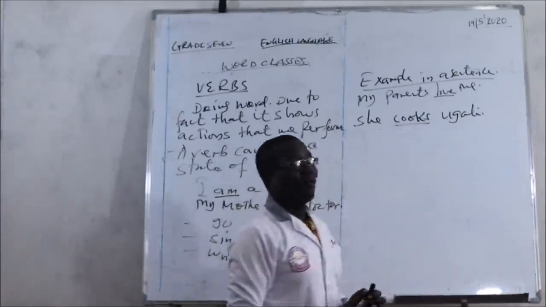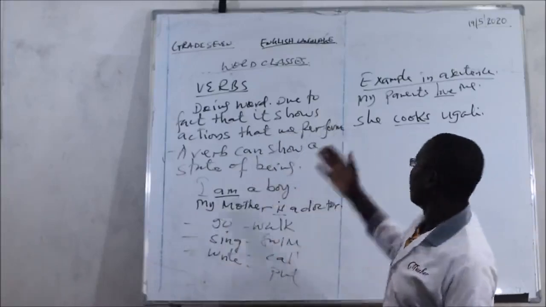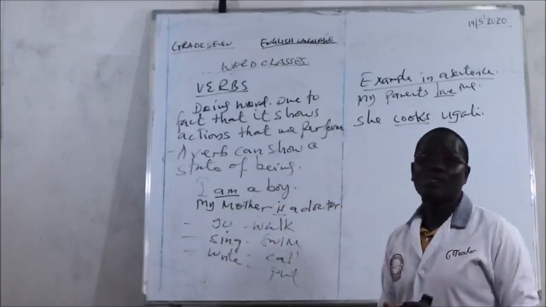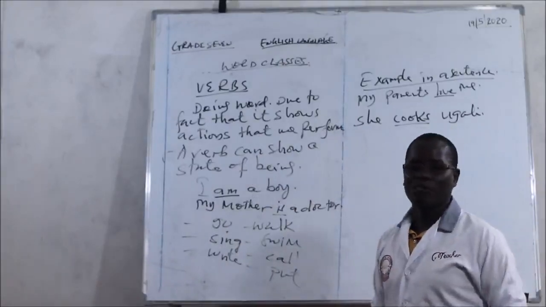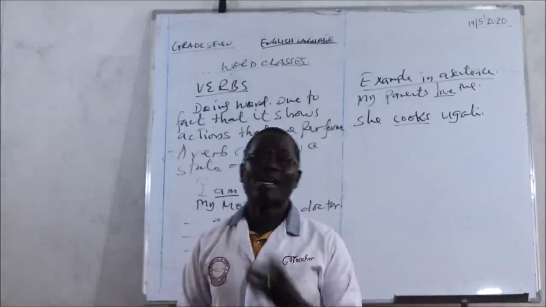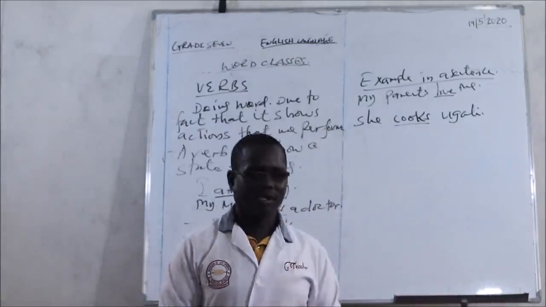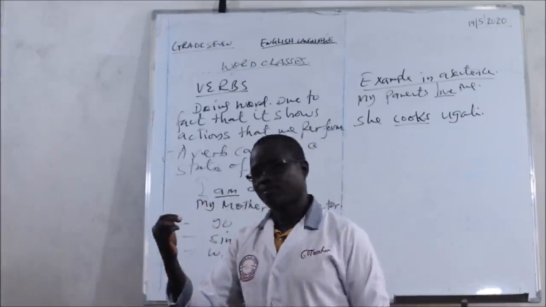Okay. Now, after seeing these two examples in which our verb can be used, let us go and see the types of verbs. Before we write the two types of verbs, we are supposed to know them in advance. A verb is classified into two types.